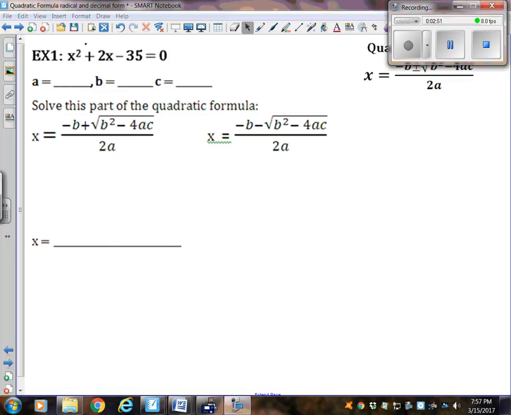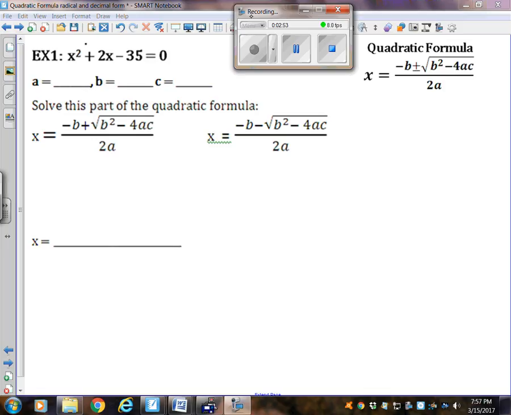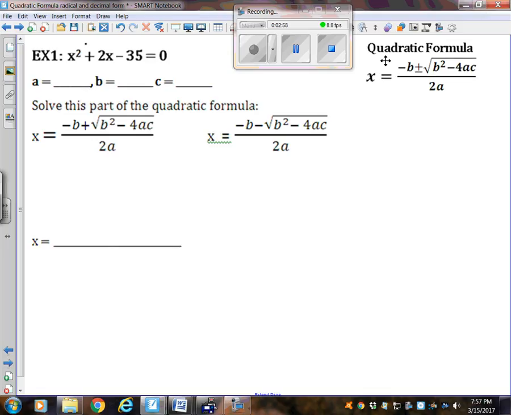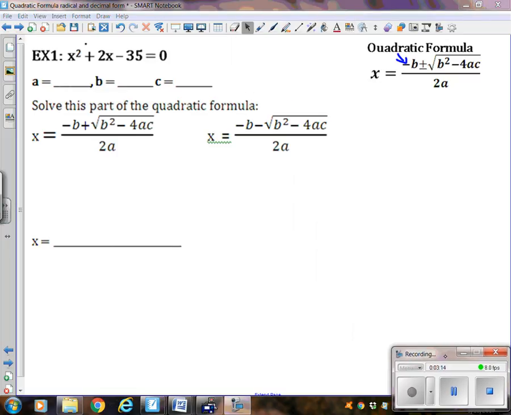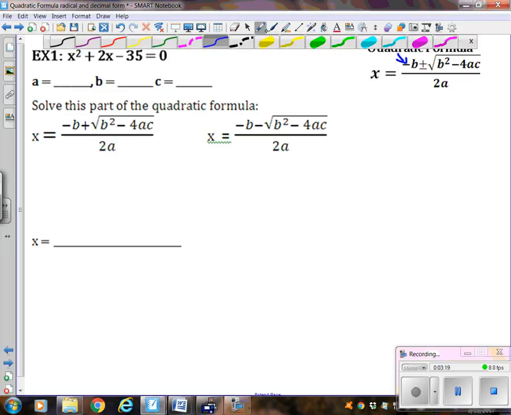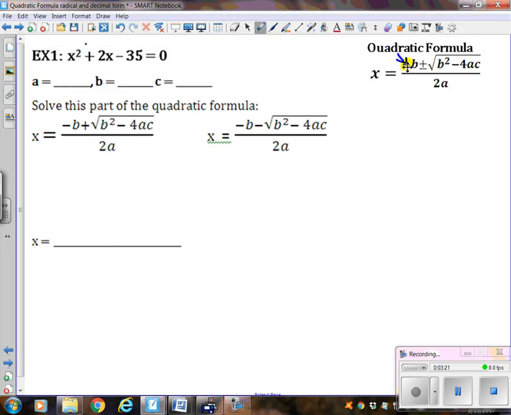All right, I'm going to point something out. The quadratic formula, again, I say opposite of B. So when I'm working with the quadratic formula, I do have a negative sign in front of B. That negative sign in front of B is considered like opposite, just like we've done before.